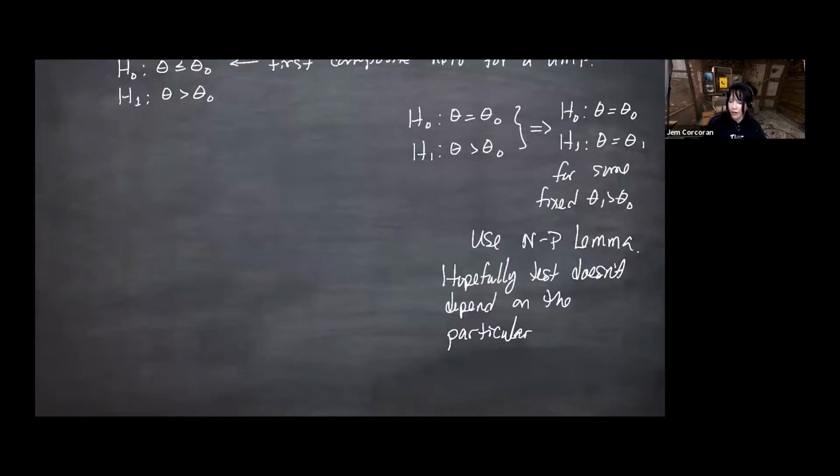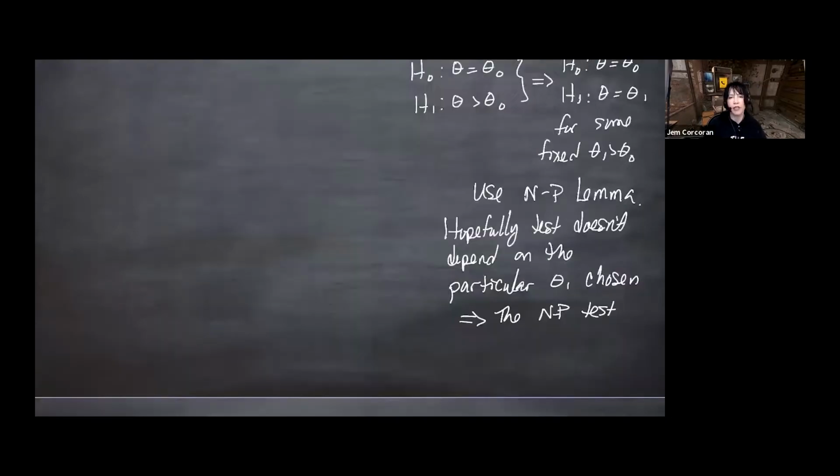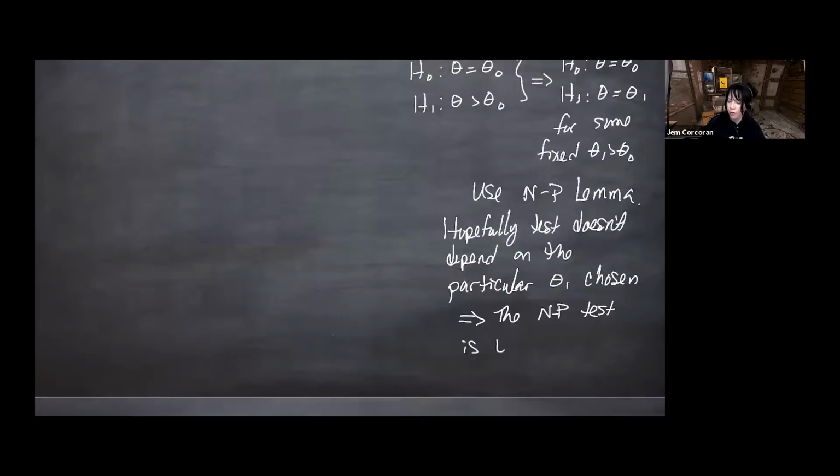The particular theta 1 chosen, this would imply that the Neyman-Pearson test, I've never called it that before, but the test resulting from the Neyman-Pearson lemma, is uniformly most powerful for the simple versus composite. And so that's what we've had so far.